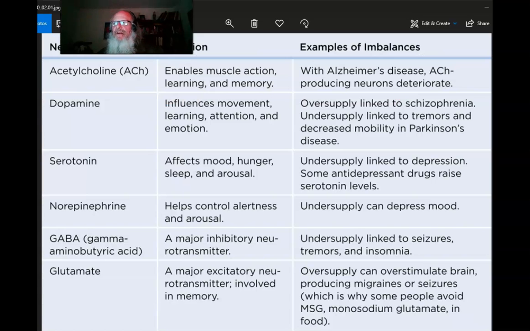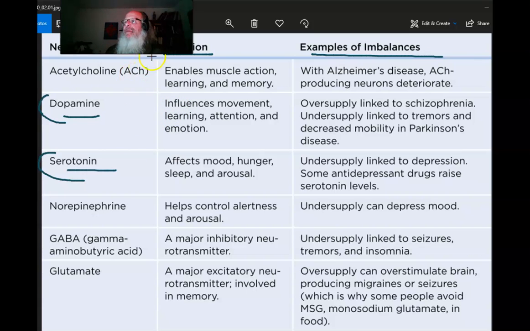Just to remind ourselves, we're looking at the functions and examples of imbalances of the different neurotransmitters. And the illustration we've been looking at shows the differences and the overlaps between where in the brain the pathways that utilize the neurotransmitters dopamine and serotonin occur.